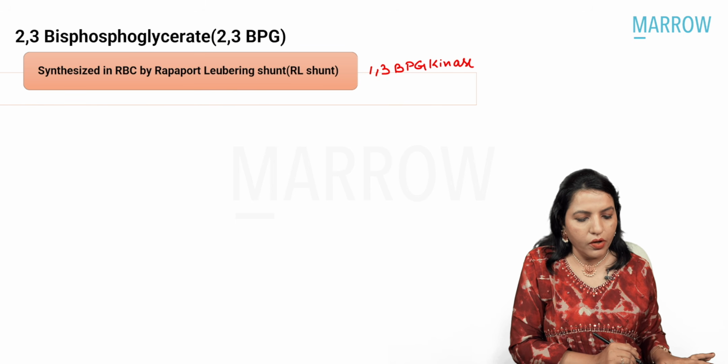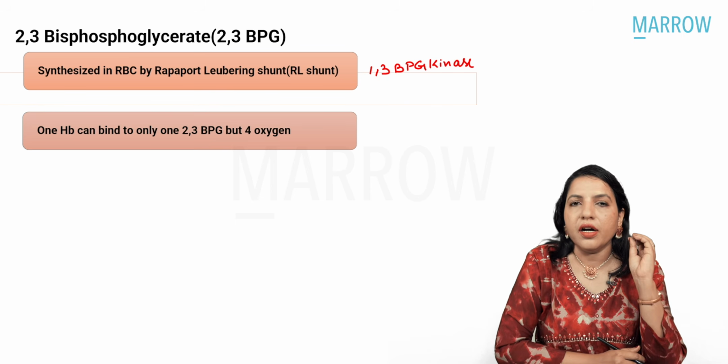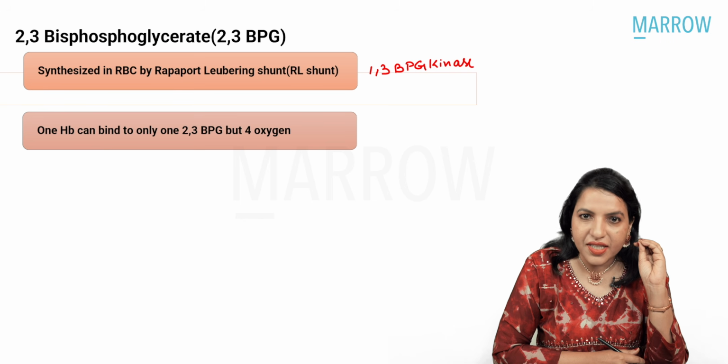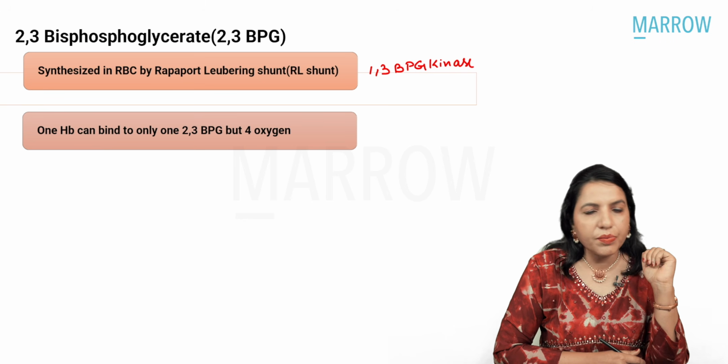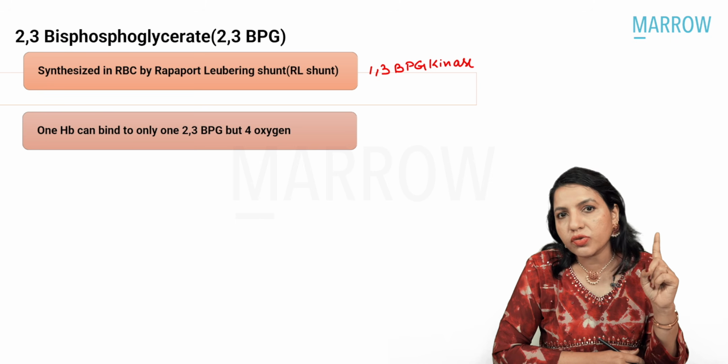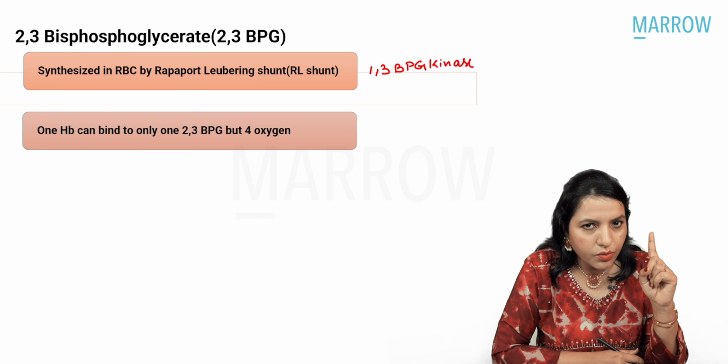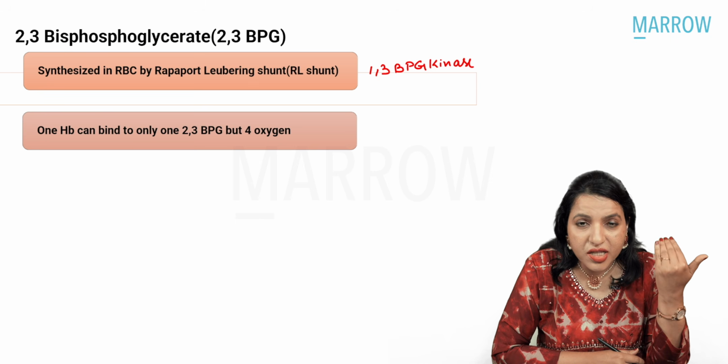Now, what is the role of this 2,3-BPG? It can bind to hemoglobin. How many 2,3-BPG can bind? Only one 2,3-BPG can bind to one hemoglobin. What about oxygen?